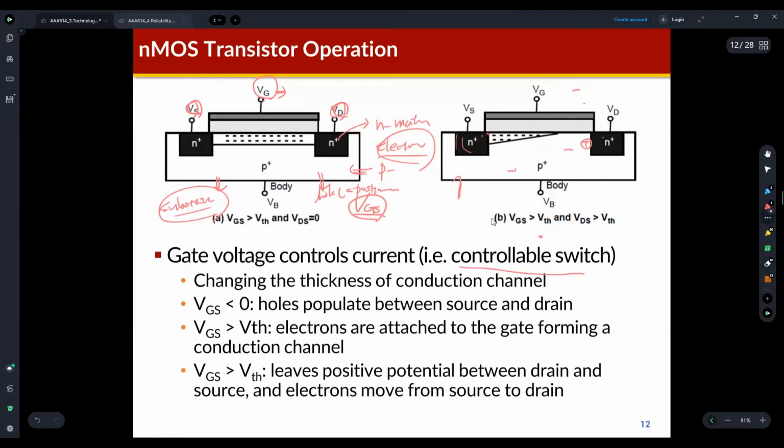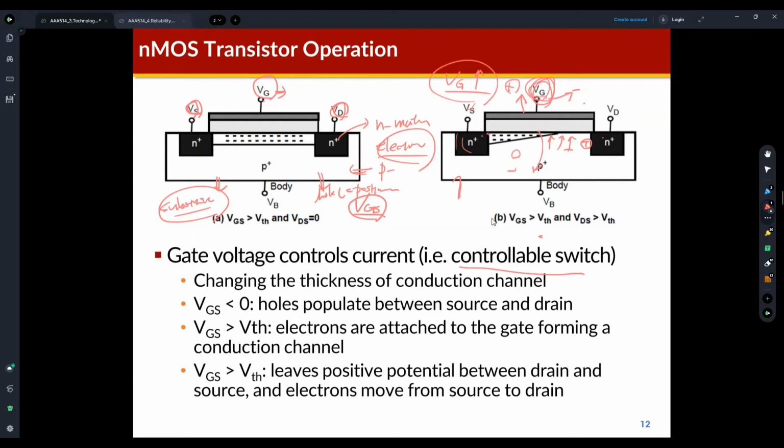Then let us assume that this voltage level is increasing, which means VG is increasing, so there is some difference in voltage level between VG and VB, or VG and VS. If the voltage level increases and becomes positive, the electrons in this P substrate move to near the gate port, because the gate has a higher voltage.